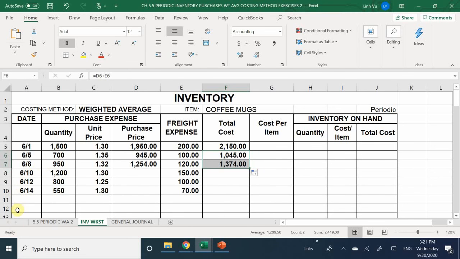Now, next was June 10th. I purchased 1,200 items at $1.30. What's my purchase price here? 1,560. Yes, plus my freight of 150 is $1,710. Good.